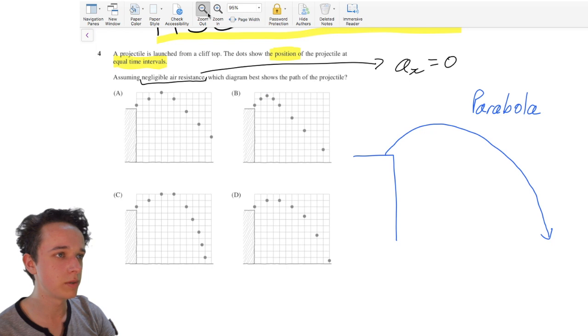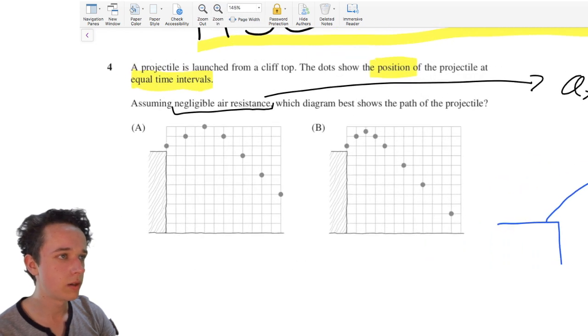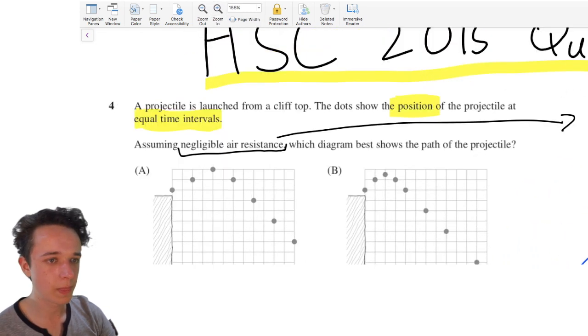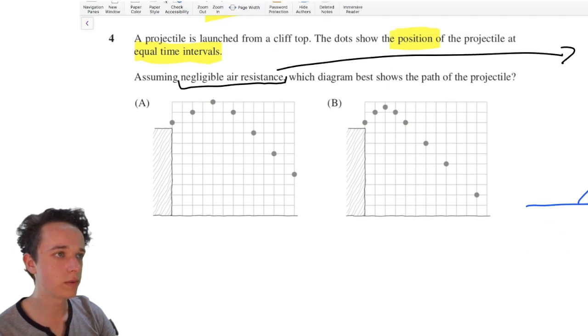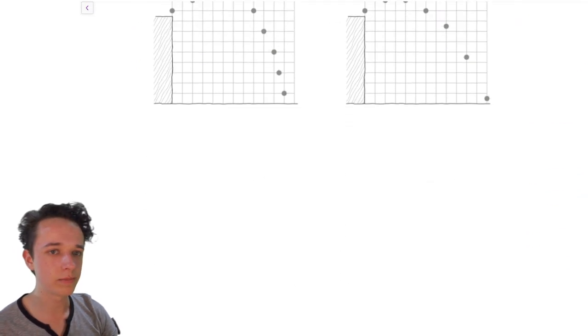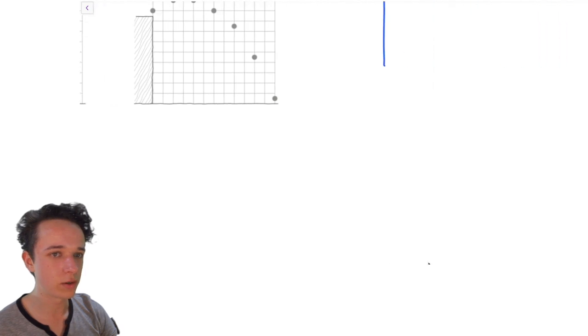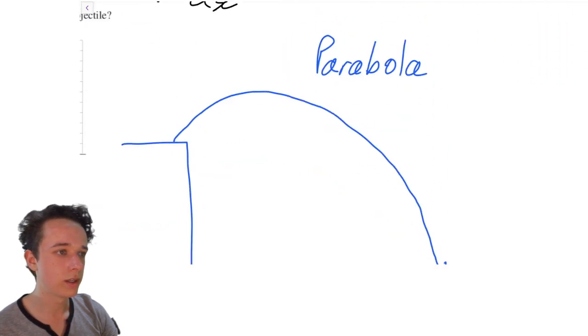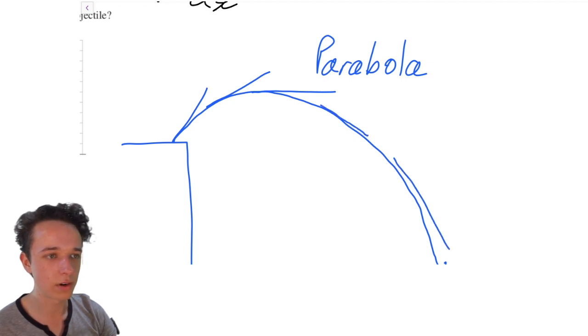I might just zoom in a little bit. Also, something that we know about a parabola is that its gradient is always changing. Here you're going to have some gradient. Here the gradient's going to be less steep. Here the gradient is 0. Here the gradient is a little bit negative. Here the gradient's very negative.